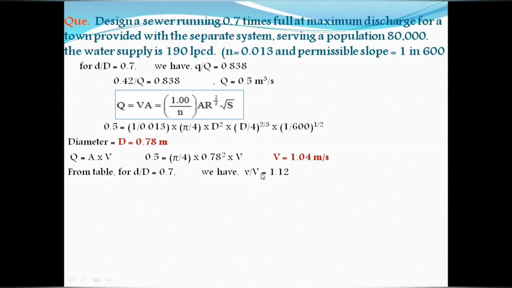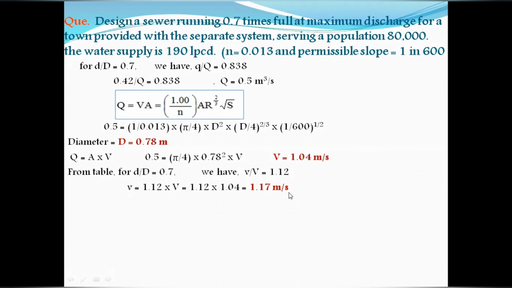We have the value of capital V, but we don't have the value of small v. So after putting the value of capital V in this equation, we will get the value of small v as 1.17 meter per second. That means when the sewer is running 0.7 times full, then the velocity of sewage is 1.17 meter per second.